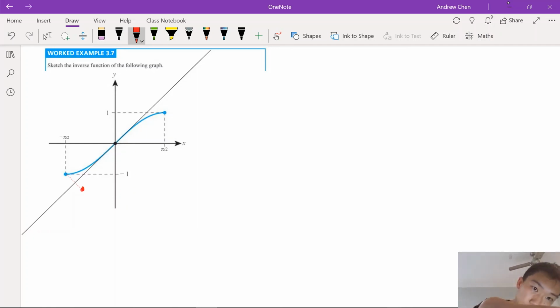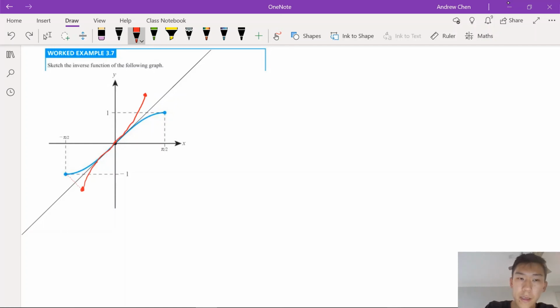And then the same thing around about here. And then by the shape of this, it's going to go something like this and that. Alright, so there's my inverse. It's not perfect, but I won't mess with it anymore, but hopefully you understand the idea.